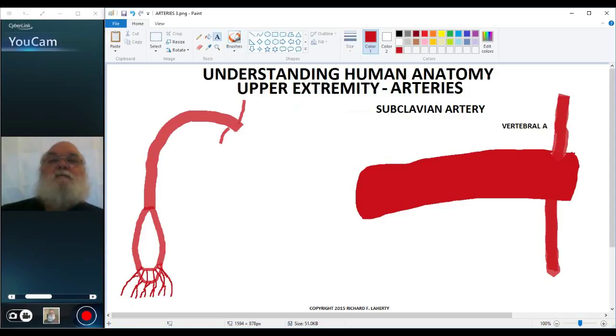This artery is the internal thoracic artery.